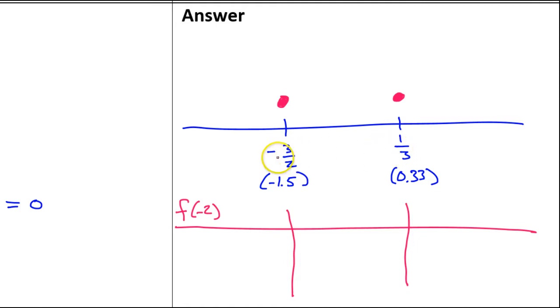Well, seeing as how this is negative and this is positive, 0 is in here somewhere. So I could check the value of the function at 0. And I need a value that is bigger than 1/3. So I could use 1 or 2 or 3. I think I'm going to go ahead and use 2 this time. Alright, I just need something bigger than 1/3.